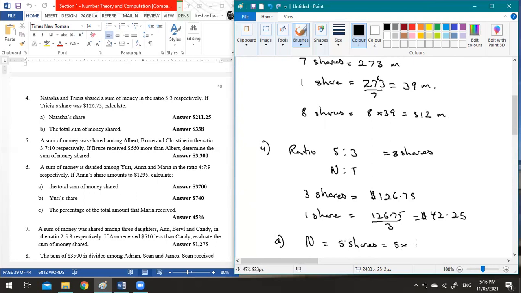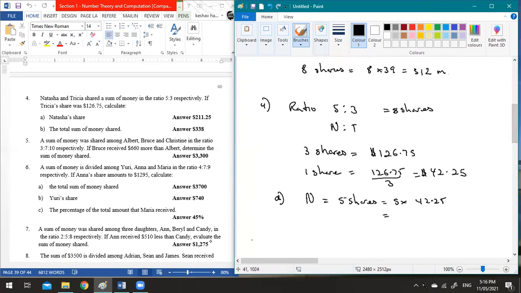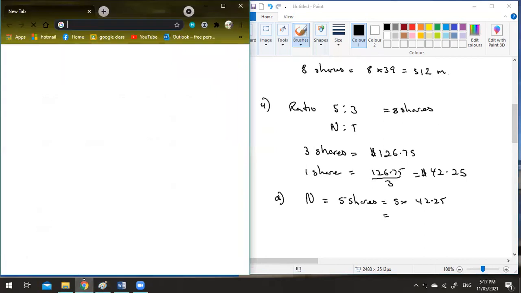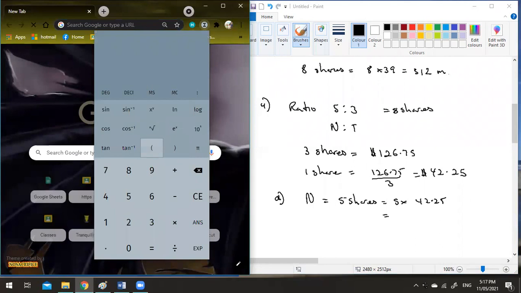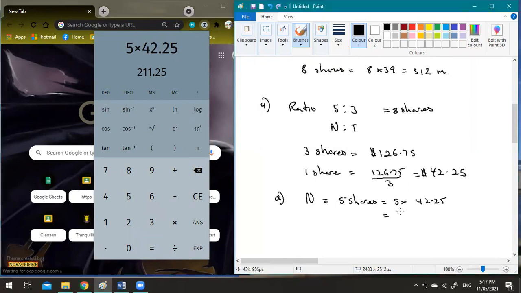So it's 5 by this amount, 42.25. So we have a calculator for that. So pull up my calculator. 5 multiplied by 42.25 is $211.25.